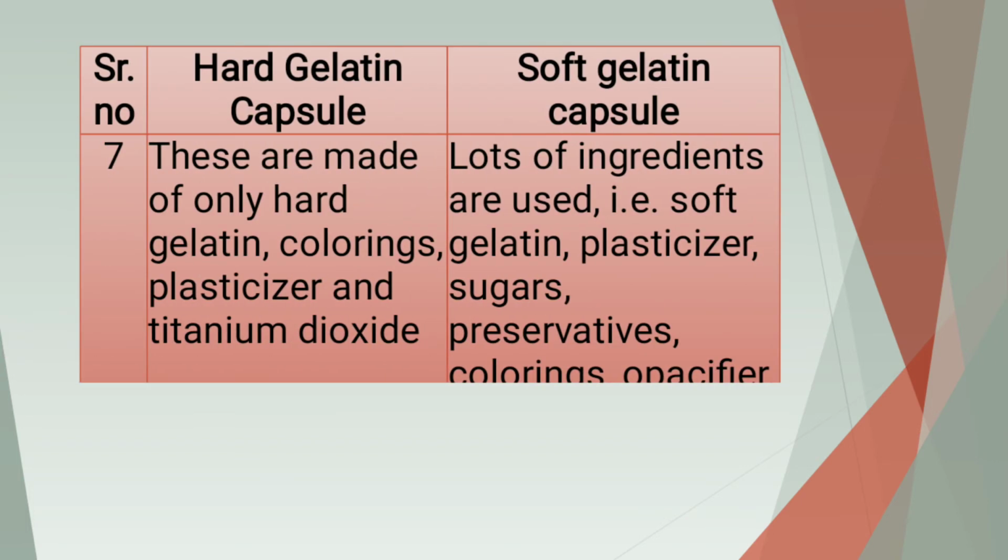Then difference number 7, hard gelatin capsules are made up of only hard gelatin, colorings, plasticizers and titanium dioxide, whereas soft gelatin capsules need many more ingredients like soft gelatin, plasticizer, sugars, preservative, coloring, opacifiers, etc.